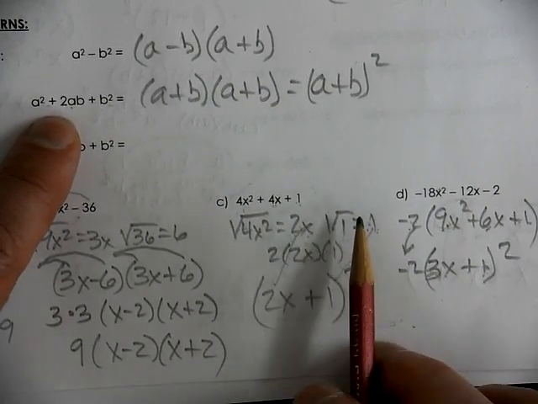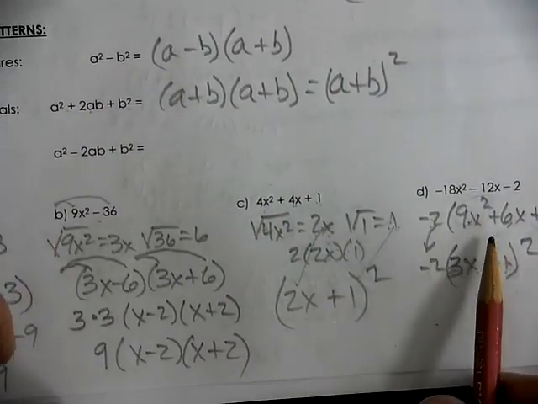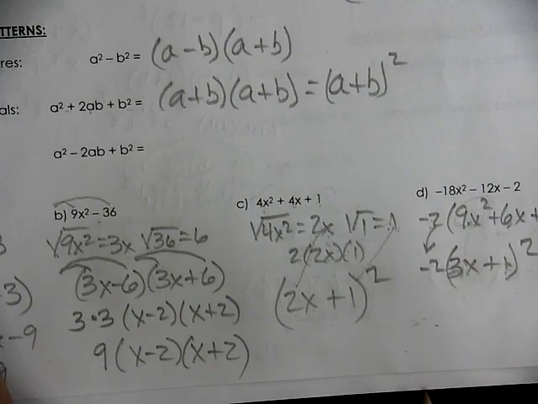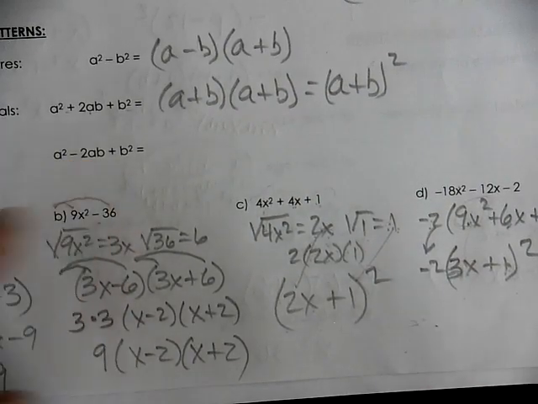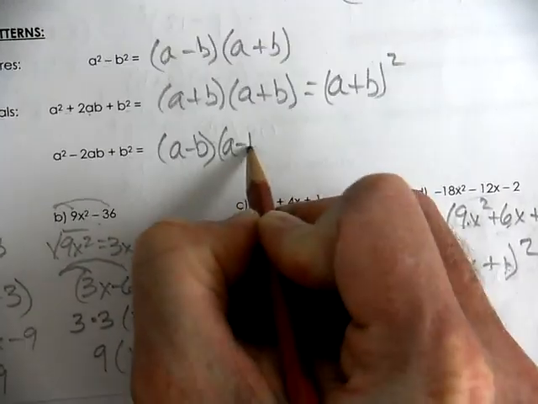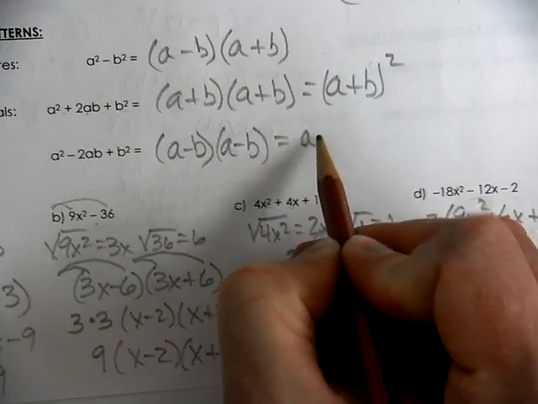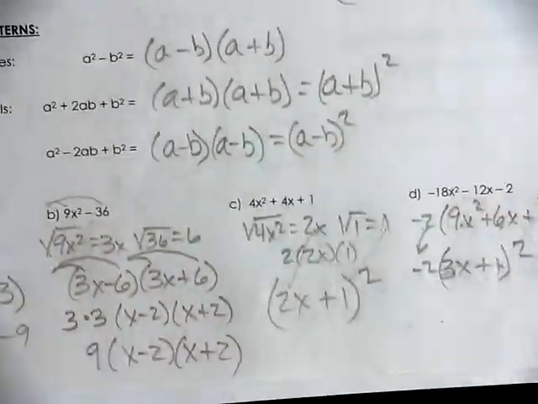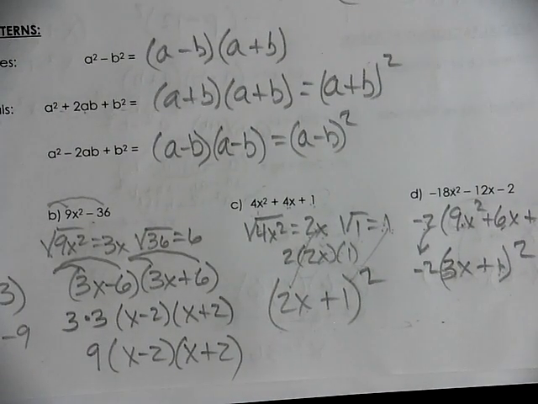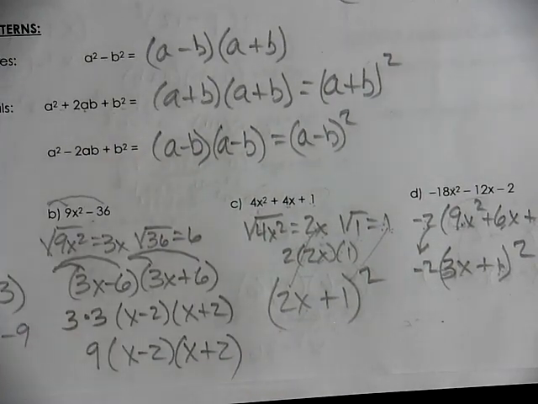You can just take your a and your b and square it. Well, if you have a minus, we didn't have an example like that here, but if you have a minus there, it's going to be a minus b and a minus b, otherwise known as a minus b squared. That would be your shortcut to reaching this factoring without doing the full table and grouping.